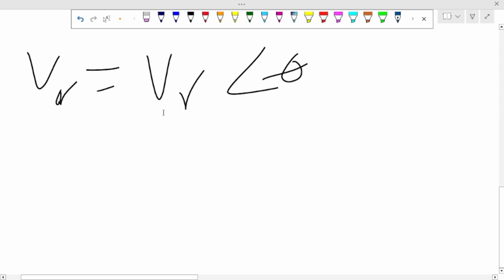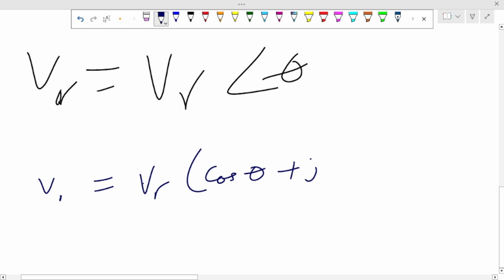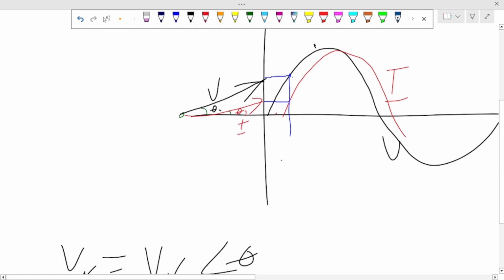That is, if we want to put this in rectangular form, all we have to do is say V equals V multiplied by cos of the angle plus j sine of the angle. So this is a complex number because here we have j.